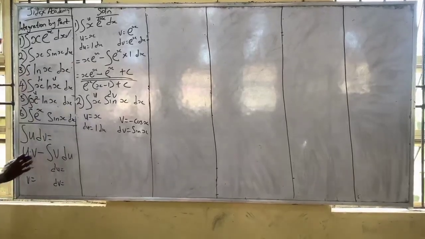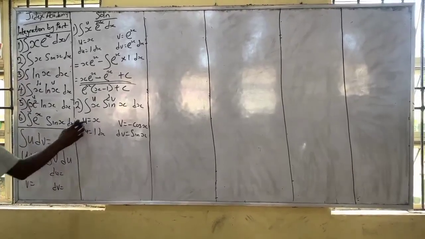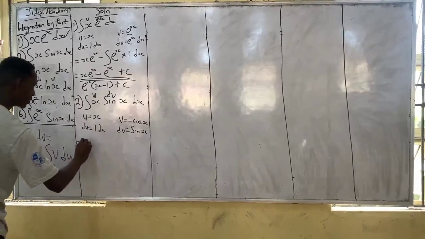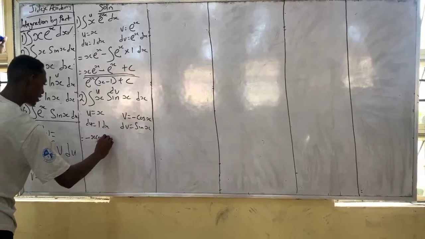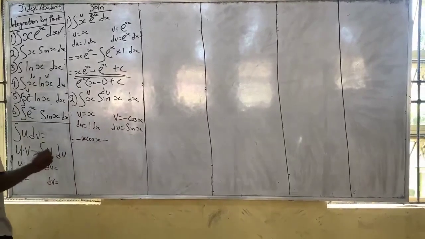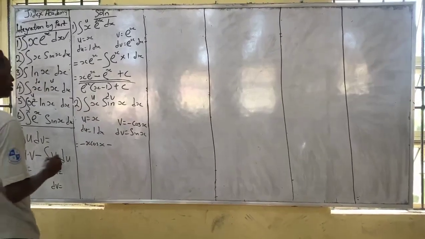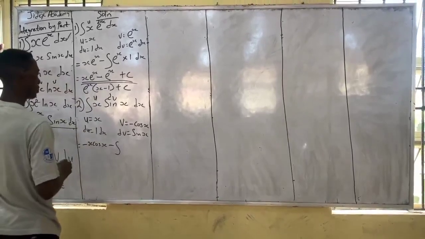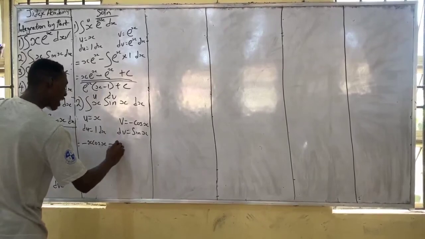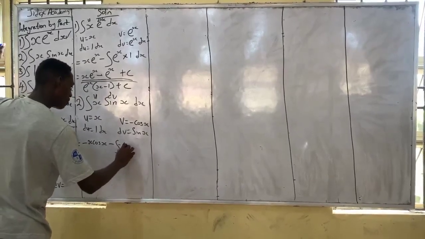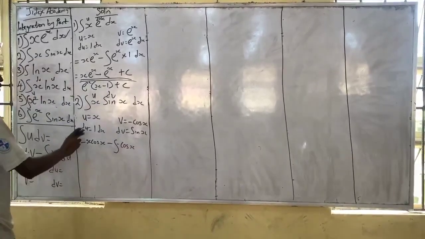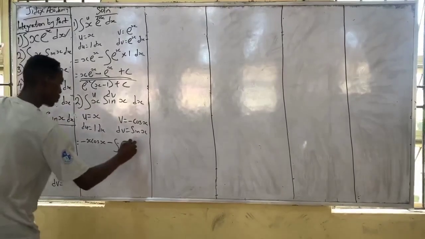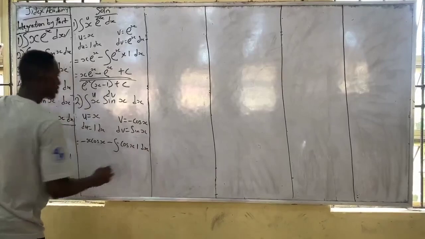Our answer here will be u times v, minus x cos x, minus the integration of v, but now we are having a minus here, minus cos x times du, and du is equal to 1 dx.